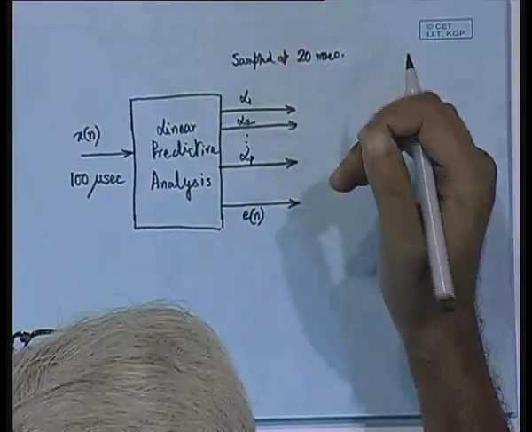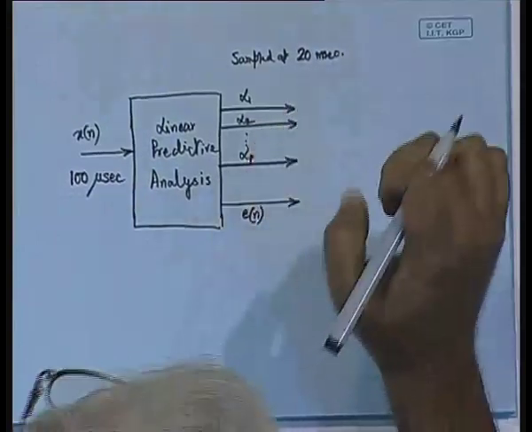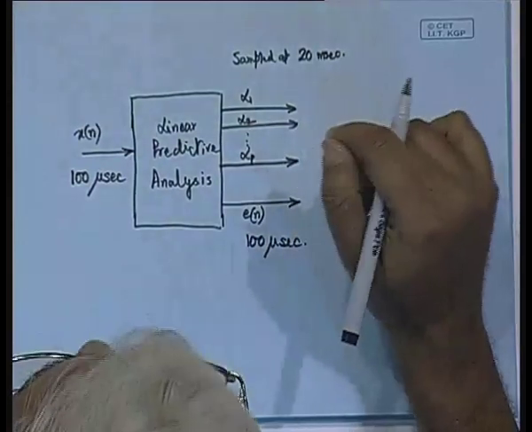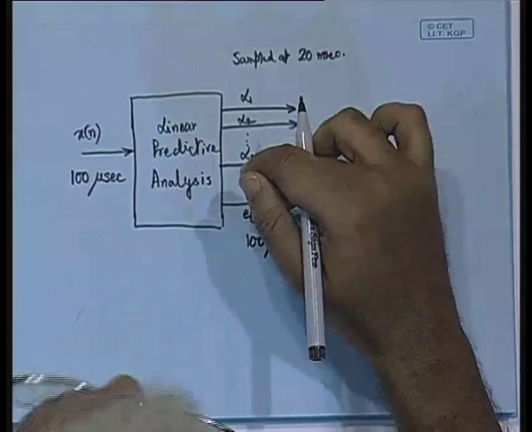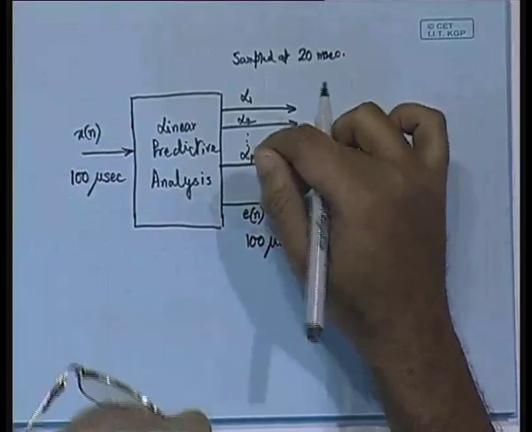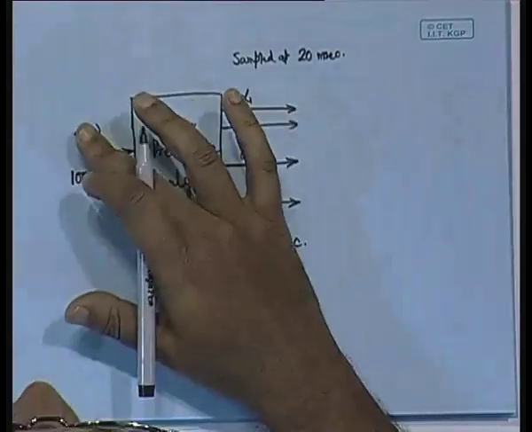With every sample we must send the error information at least, because what we are gaining is that instead of sending x of n into the channel, we are sending these slowly varying parameters alpha 1 to alpha p and then E of n, but E of n has to be sampled at the same 100 microseconds rate, right. E of n is changing fast, but where we are gaining is that the variance of this E of n is much lower as compared to the variance of x of n, and that is how we are gaining by having the predictive technique.